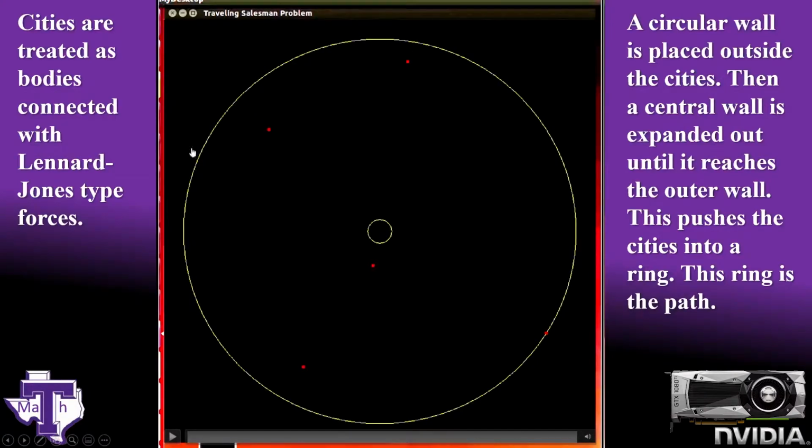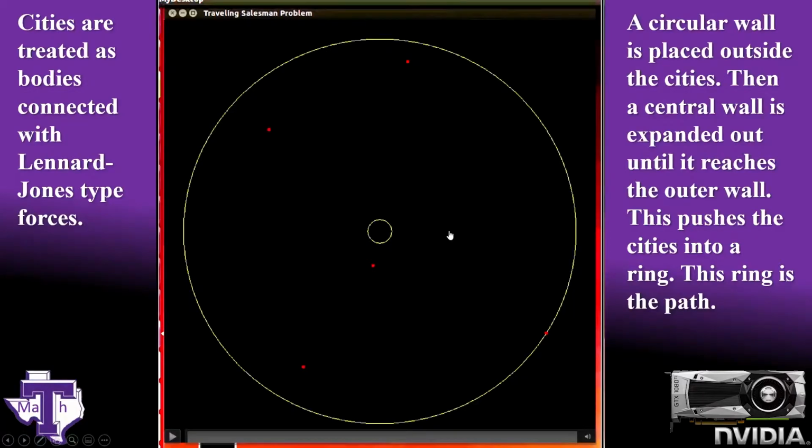And then we put a wall around the cities, and then we put a smaller wall inside, and then we blew up the internal wall until it hit the outer wall. It was supposed to push the cities into a loop, and then that loop would be the path, and hopefully they would minimize the energy as they went out to this path, and that would give us the minimal path.